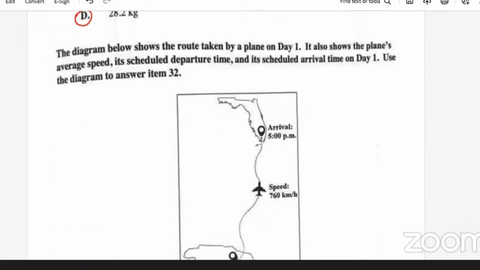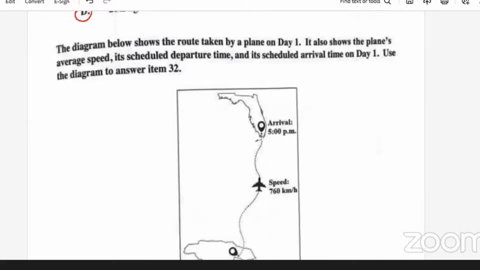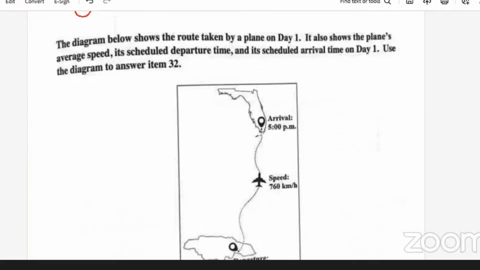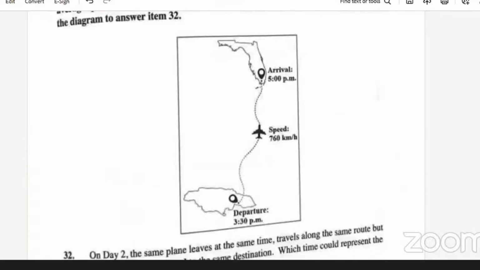All right, let's look at our next question. The diagram below shows the route taken by a plane on day 1. It also shows the plane's average speed, its scheduled departure time, and its scheduled arrival time on day 1. Use the diagram to answer item 32. The departure time is 3:30.